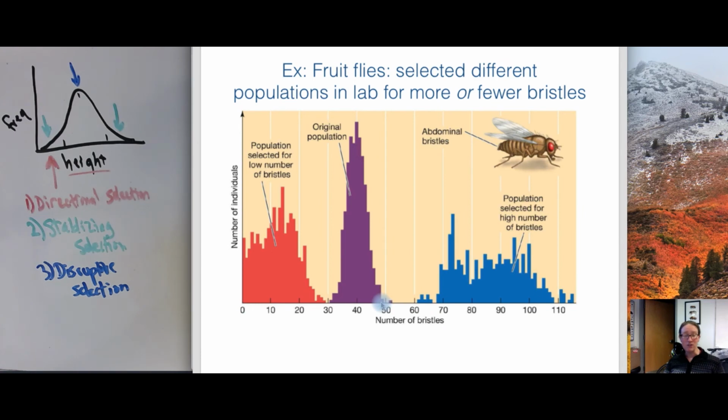After selecting flies for more or fewer bristles, notice that the new distribution of bristle numbers is very different from what was present in the original population. Now we've got flies that have well under 30 bristles and 60 plus bristles. None of that was present in the original population. How did that come about?